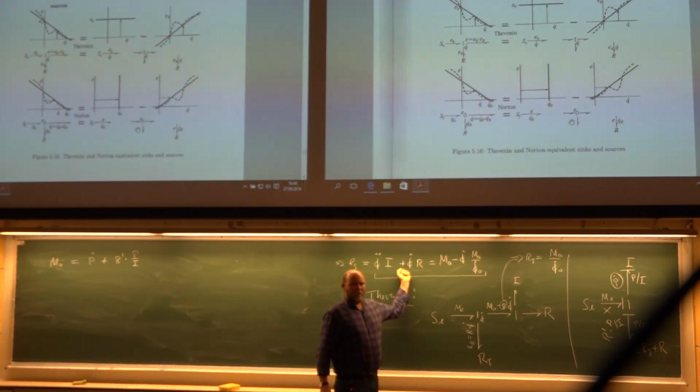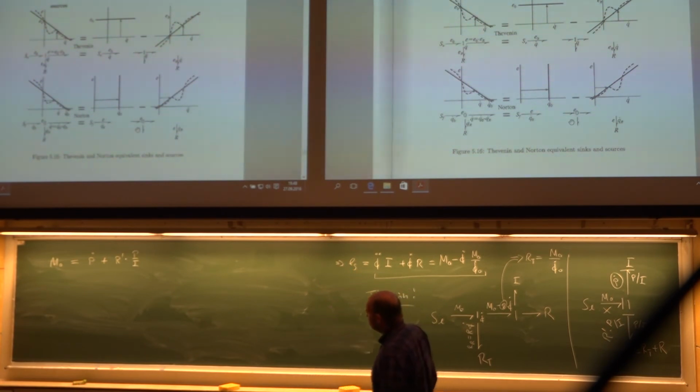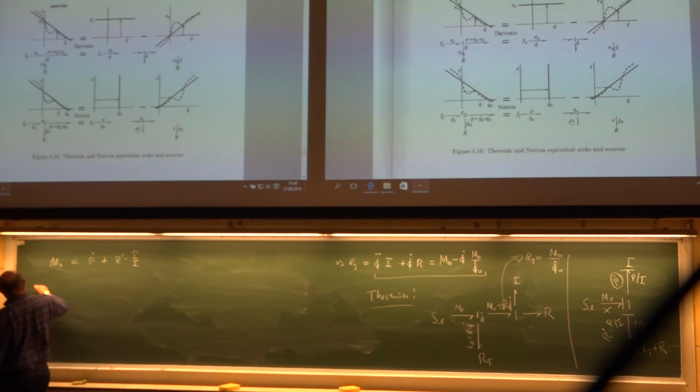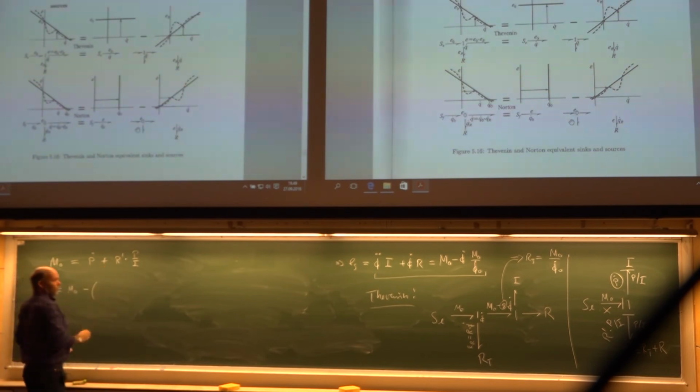Doesn't look exactly the same, does it? Let's have a look. I rewrite the equation. P dot equal M0, then I will have minus this R marked. What was him?